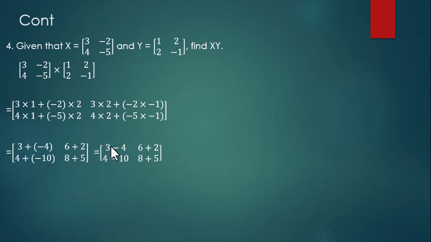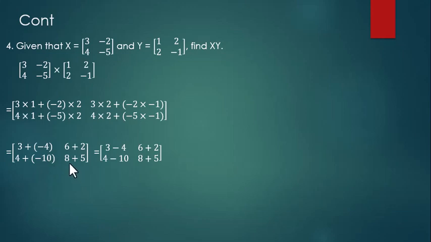On the bottom side, we have 4 multiplied by 1, we get 4. Then negative 5 multiplied by 2, we get negative 10.